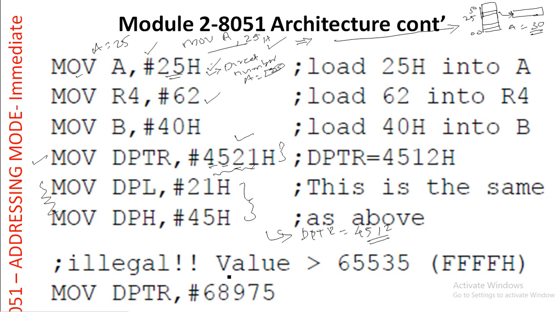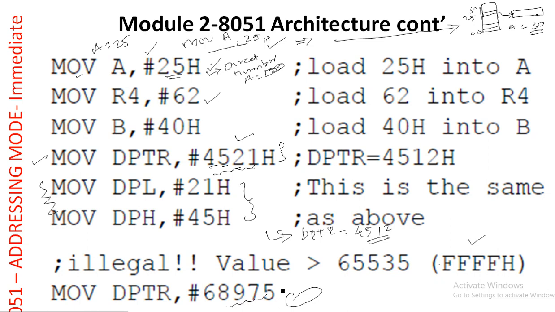Okay. Now there is an illegal operation here. If you are using move DPTR, 68975, remember there is no H provided here. This indicates this number is in decimal. The maximum decimal value that the microcontroller supports is 65,535, which corresponds to FFFF.